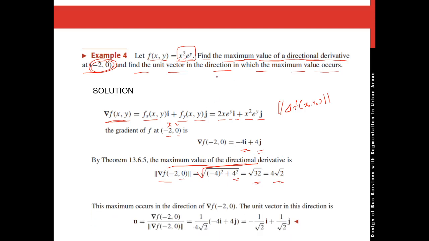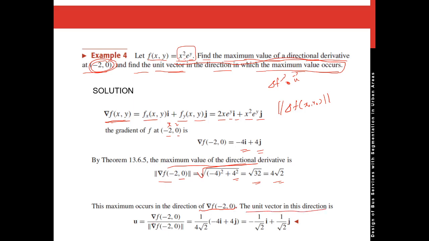Now the next question is to find the unit vector in the direction in which the maximum value occurs. I told you that the maximum value occurs if both u and del f have the same direction. So the maximum value occurs in the direction of del f. So how can we find the unit vector?